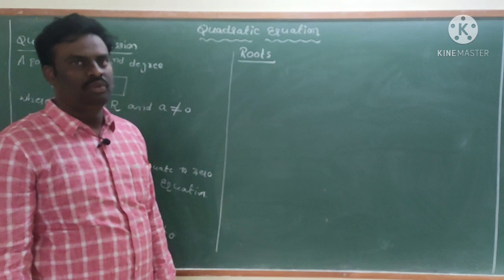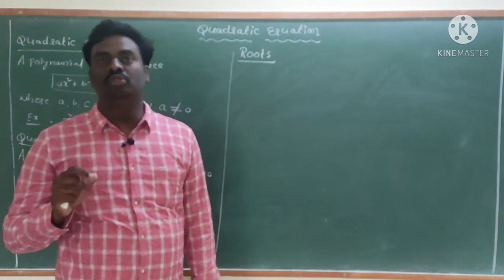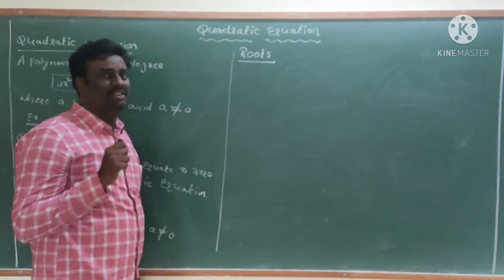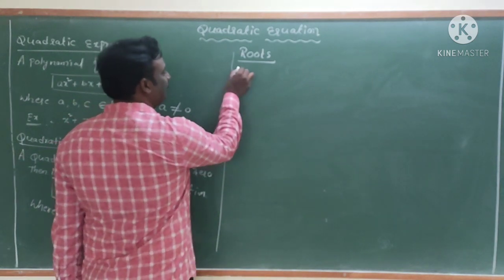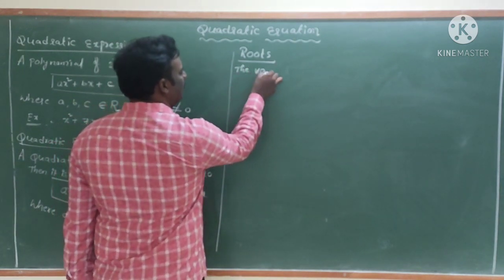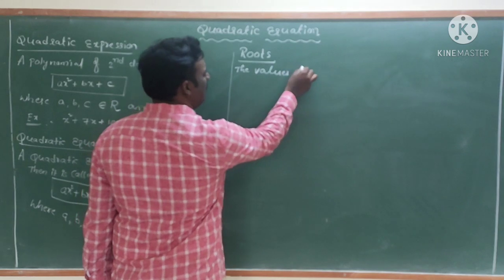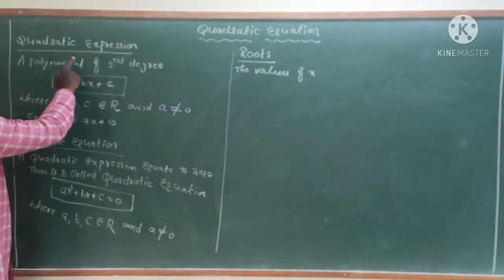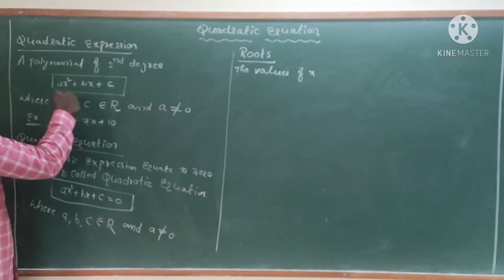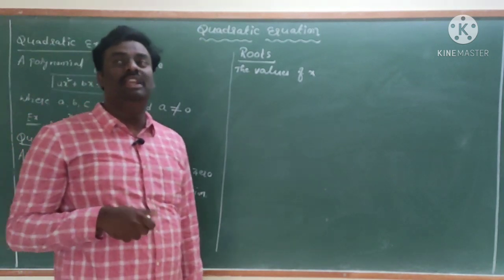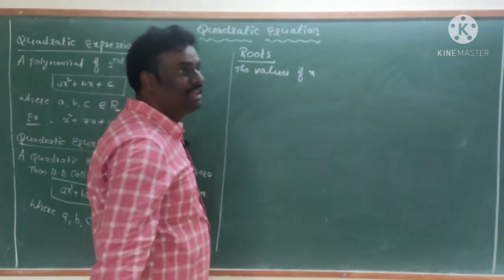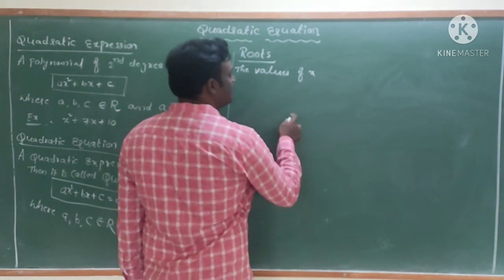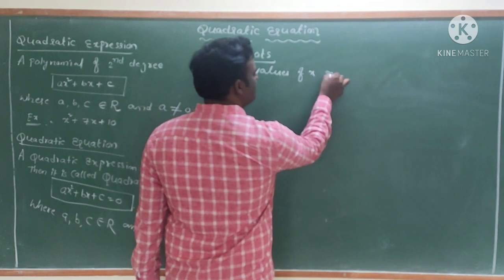Next, definition, roots. What is meant by roots of a quadratic equation? The values of x. Why am I taking x? Because it is a quadratic equation in terms of x, because the variable is x.